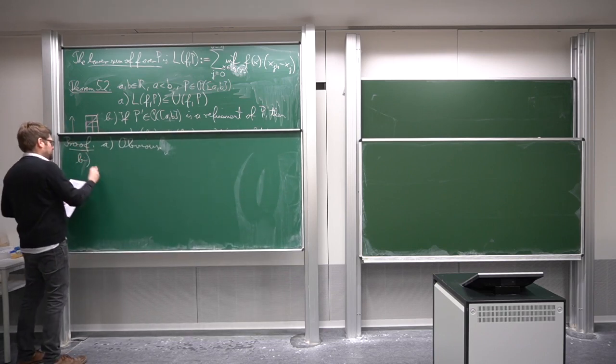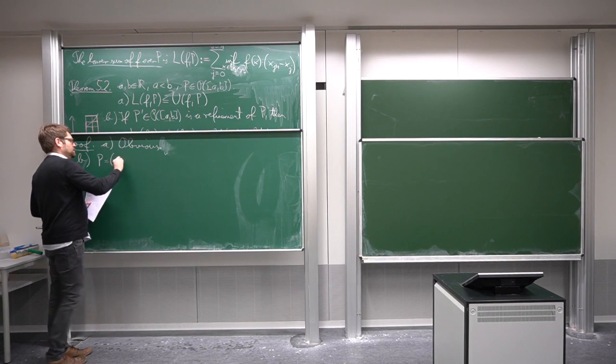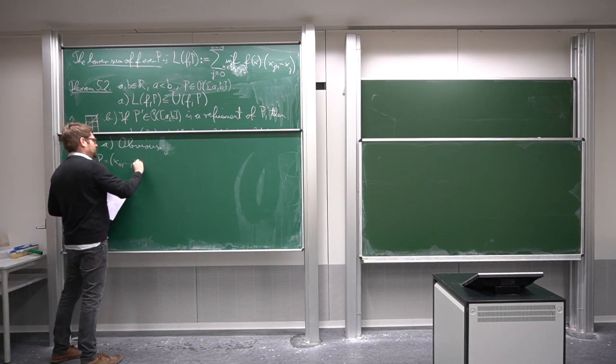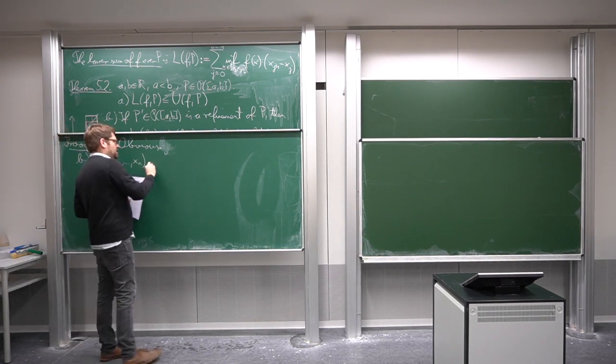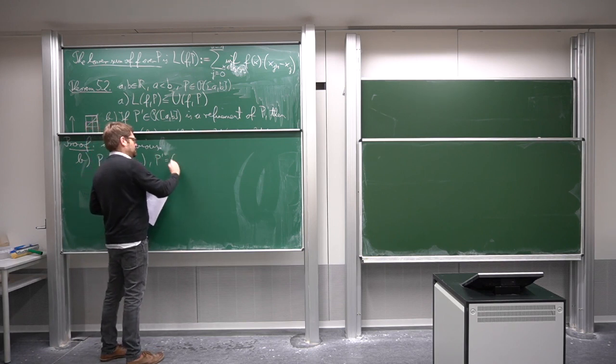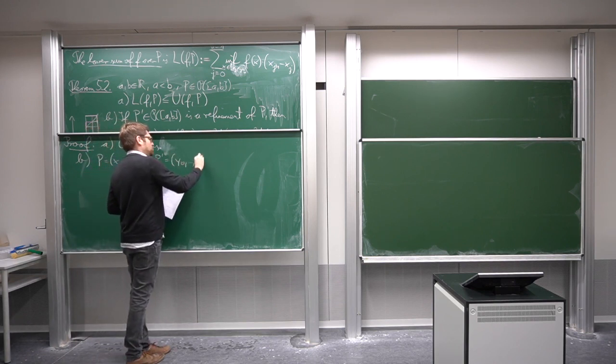So for part b, we make notation for the points of the partitions. P has points x_0 to x_n, and P prime, the refinement, should be y_0 to y_m.